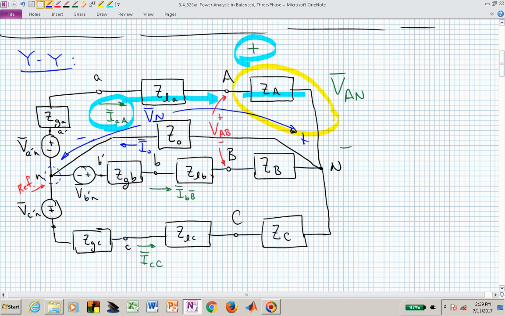And what's the voltage? Well, the voltage dropped across that impedance is not V sub AB. That's the transmission line voltage drop between terminals A and B. But the A phase voltage across the A phase impedance is actually capital V sub AN.